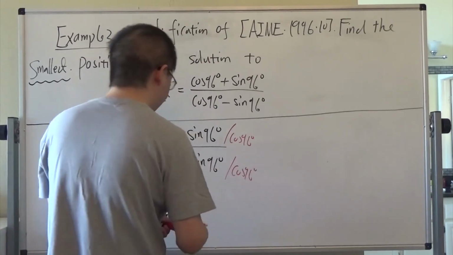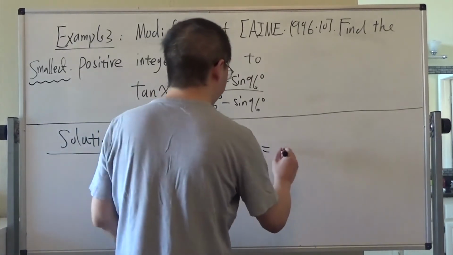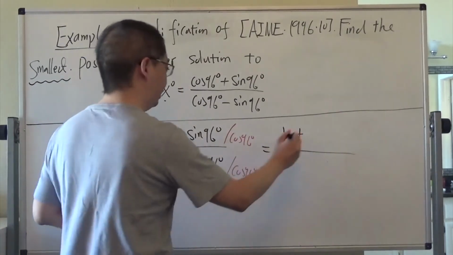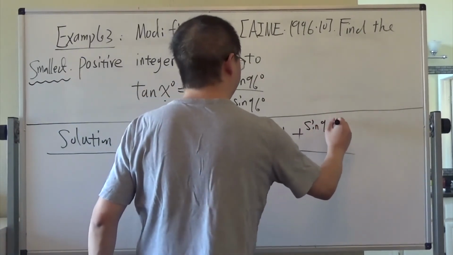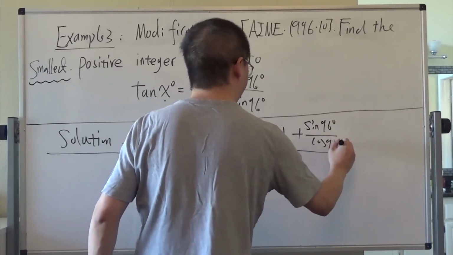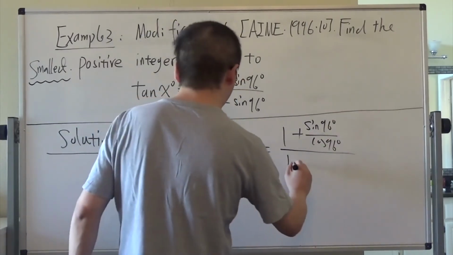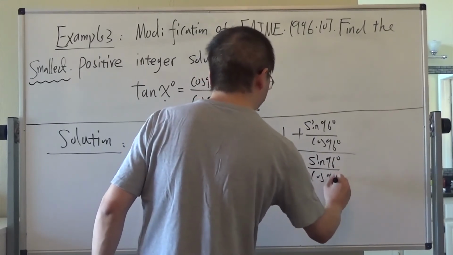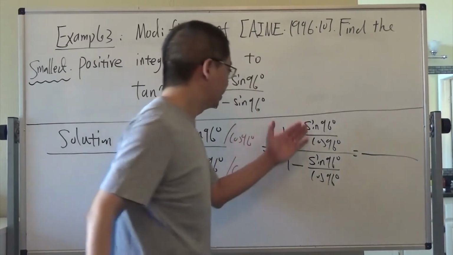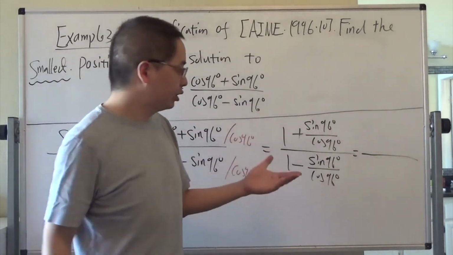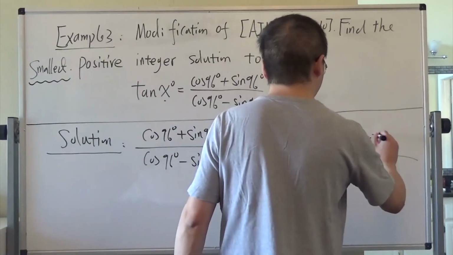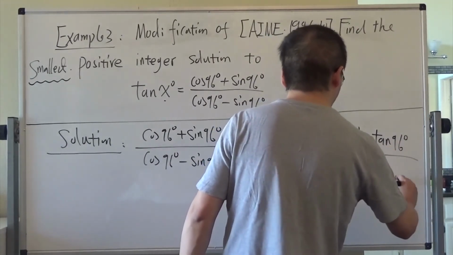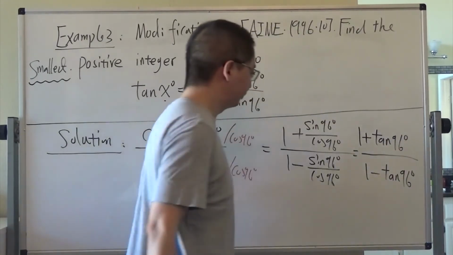This leads to, the cosines cancel, that's 1, and here what we have is sine 96 divided by cosine 96, and then 1 minus sine 96 over cosine 96. Now sine divided by cosine by definition is a tangent. So this is 1 plus tangent 96 over 1 minus tangent 96.